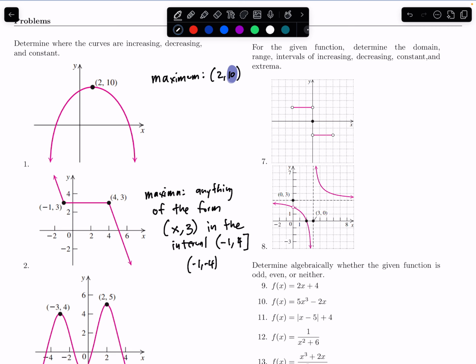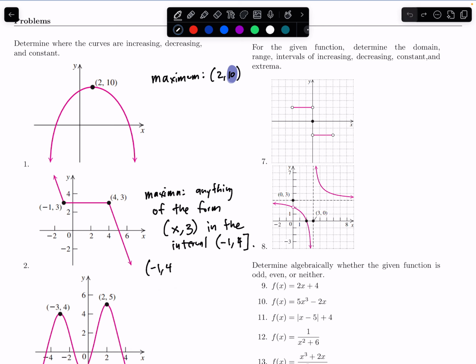Some people will actually say this a little differently. They'll say what I just said, from -1 to 4 with the open bracket, and then later they'll say the point 4, 3 is also a maximum.